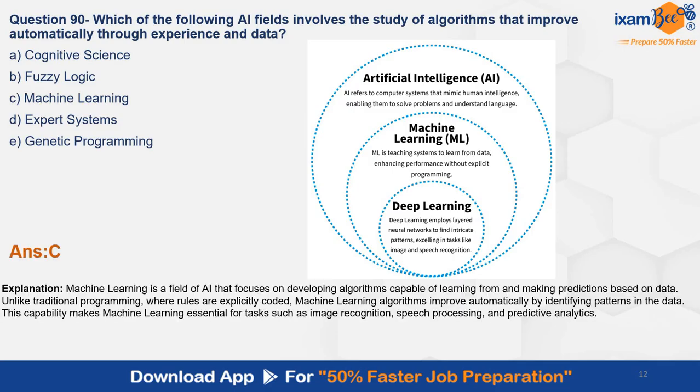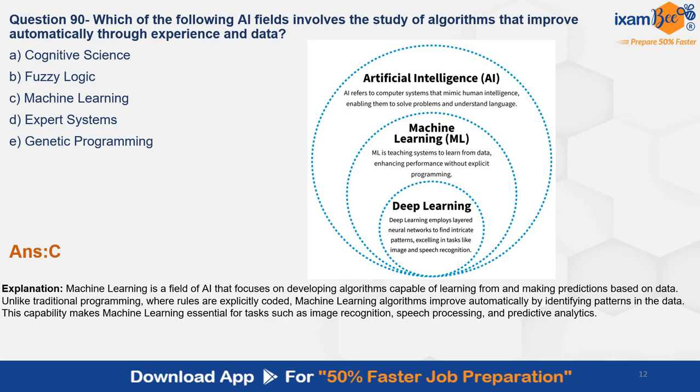So machine learning, we know that it is one of the parts of deep learning and artificial intelligence, where it enables computers to learn patterns from data and make future predictions. Unlike traditional programming, ML algorithms improve automatically.